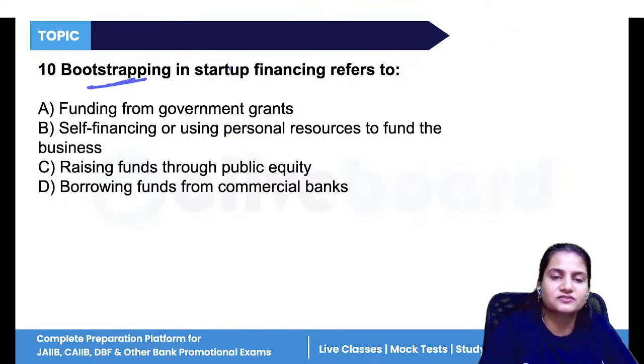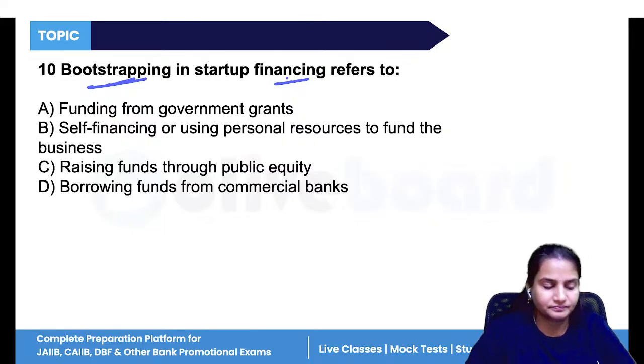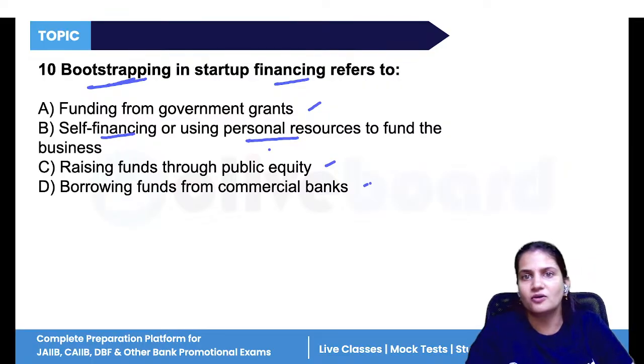Now, what is bootstrapping? In startup financing, what is bootstrapping? Funding from government grants, self-financing using personal resources, raising funds from equity, or borrowing money from bank.